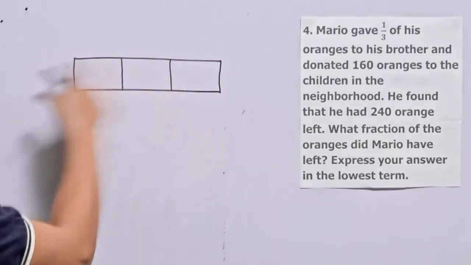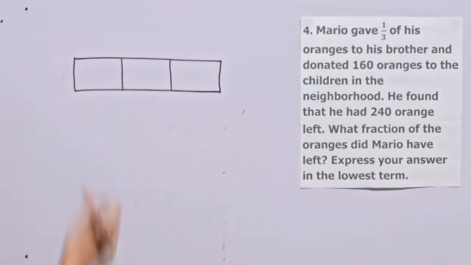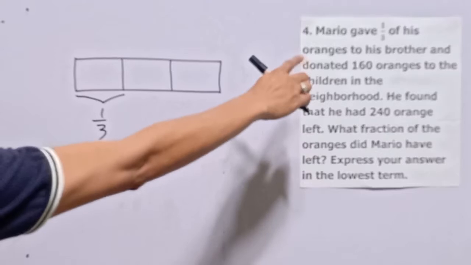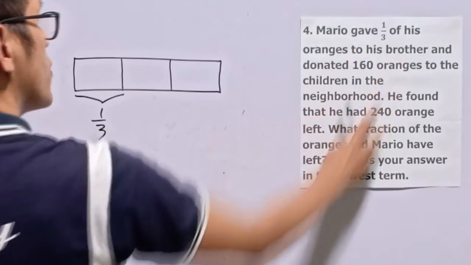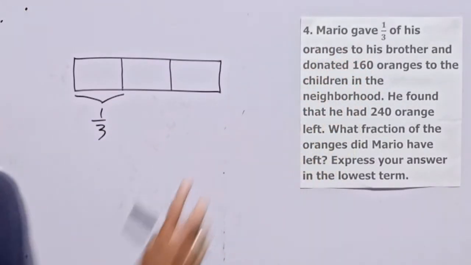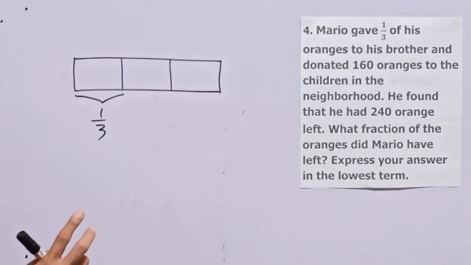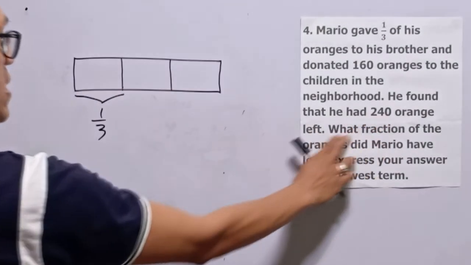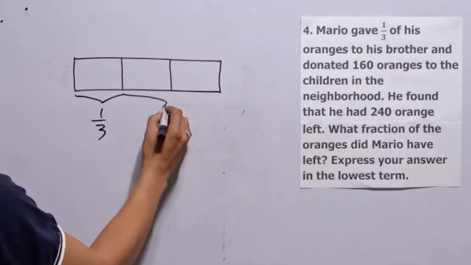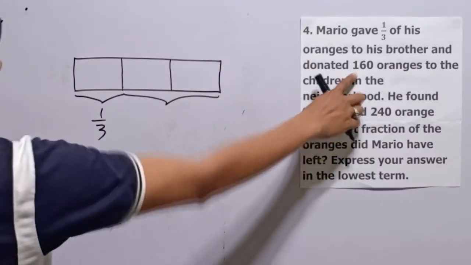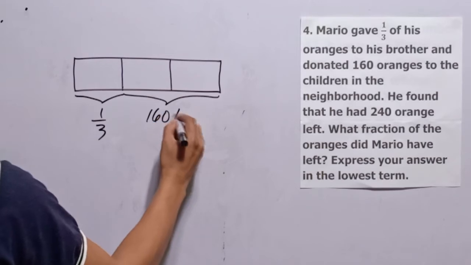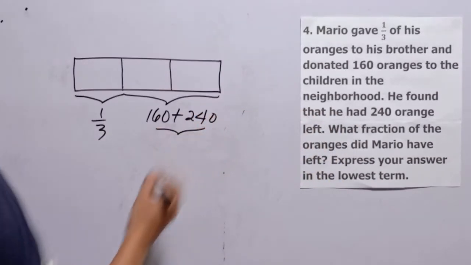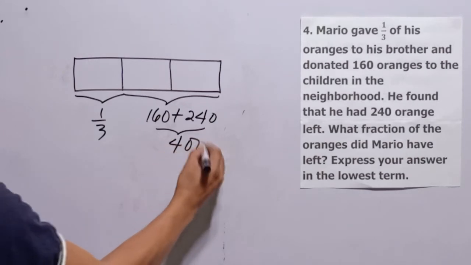If this is the block divided into 3 equal parts, this is our 1/3, which is given to the brother, and 160 to the children in the neighborhood, and he had 240 left. Meaning these two parts are the 160 and the 240. If you add, this is 400.